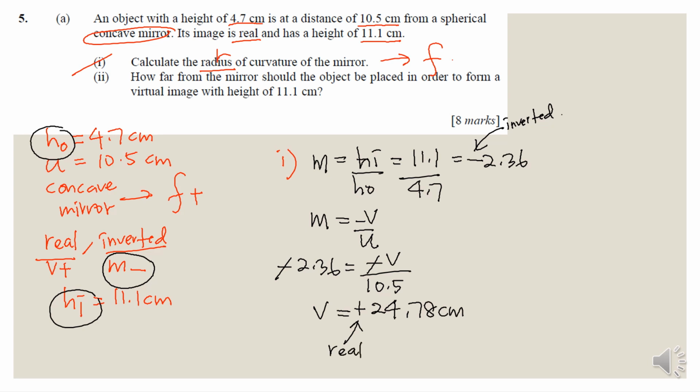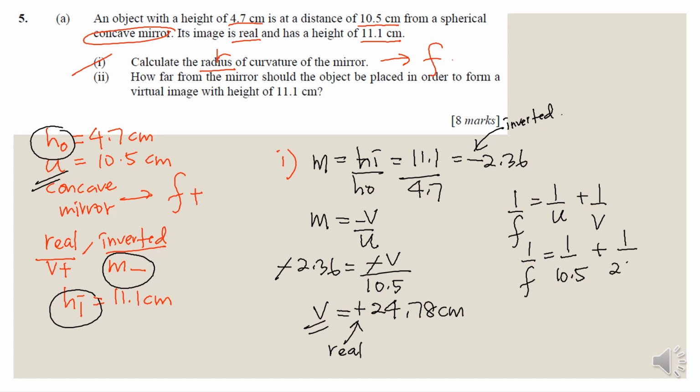Okay, and then kita dah ada U, kita ada V. Bolehlah kita cari dia punya F. 1 over F equal to 1 over U plus 1 over V. So U kita adalah 10.5, V kita 24.78. So kira dapatlah F kita positif 7.375 cm.